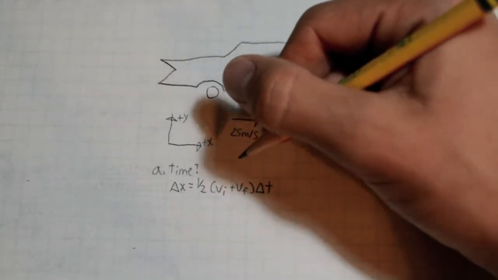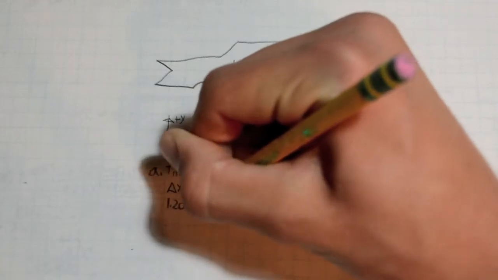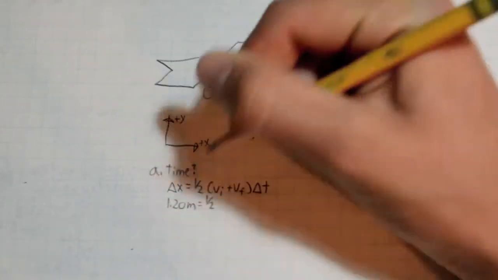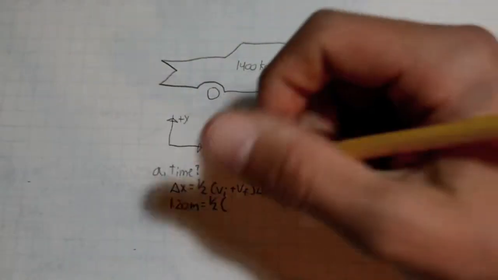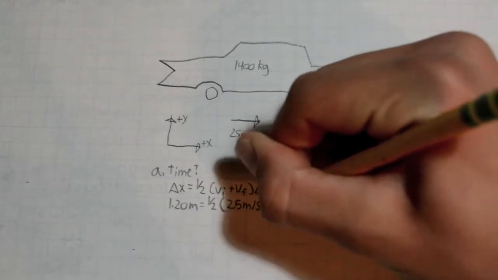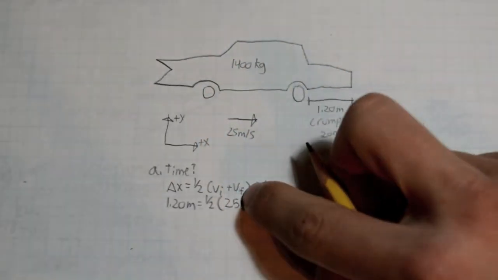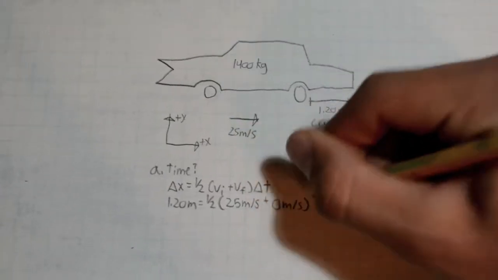We know that it stops in 1.20 meters. We know that the velocity initial is 25 meters per second. If it stops, then we know the velocity final is 0 meters per second.